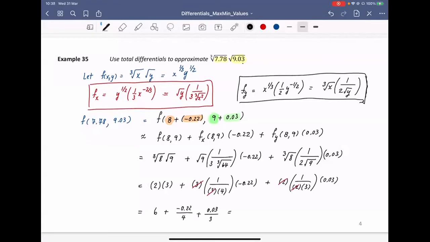At the end, you get 6 minus 0.055, and then plus 0.01, which is actually 5.955. Well, you can see that you can approximate it. You do not need to use a calculator at all; you can compute this by hand.